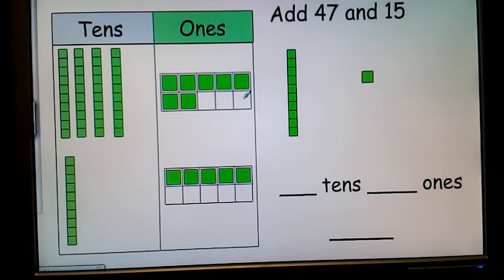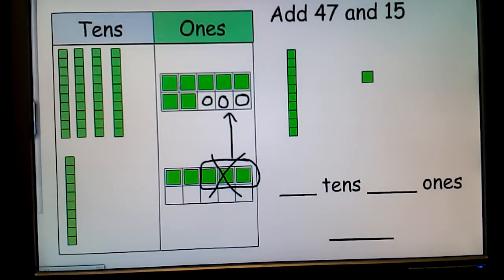If they look here, they can see that I only need 3 more cubes to fill up my 10 frame. I can take 3 cubes from down here and put them up into my top 10 frame. When I move them over, I can cross them out because I've used them.